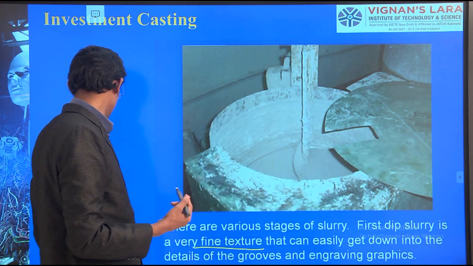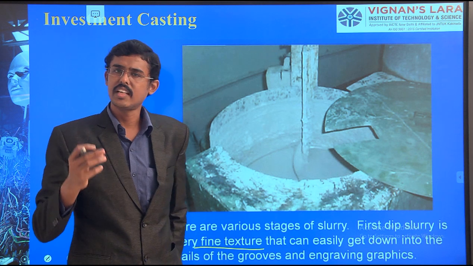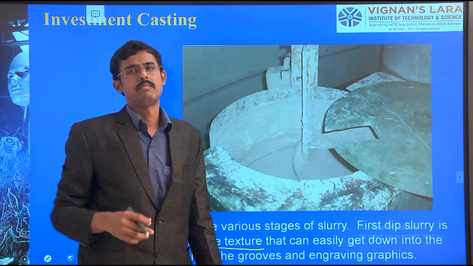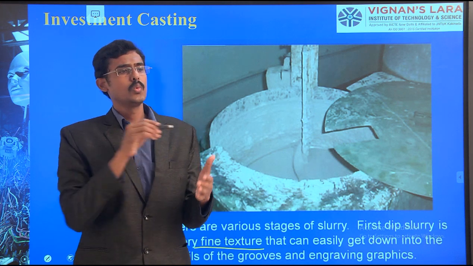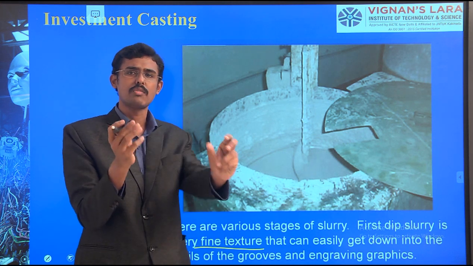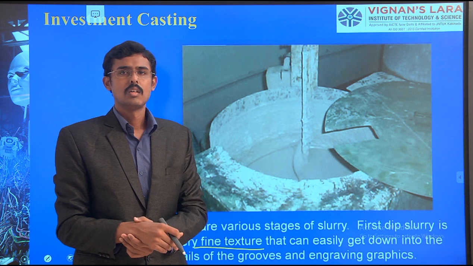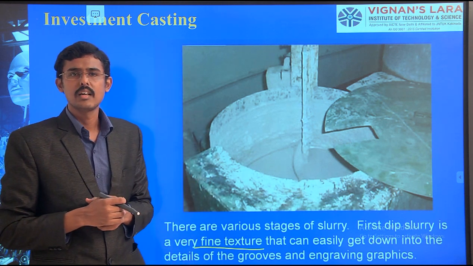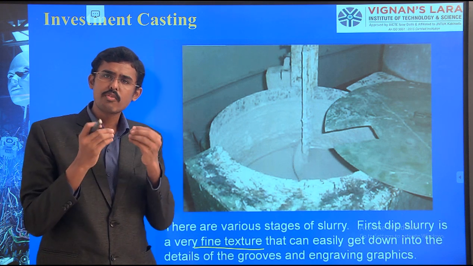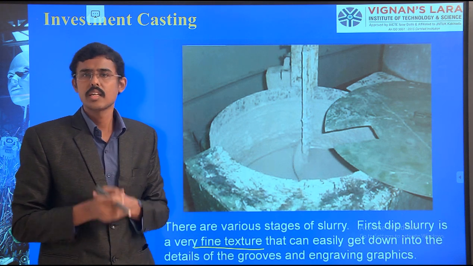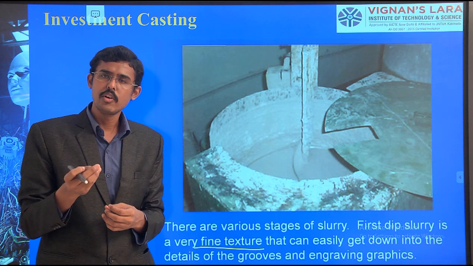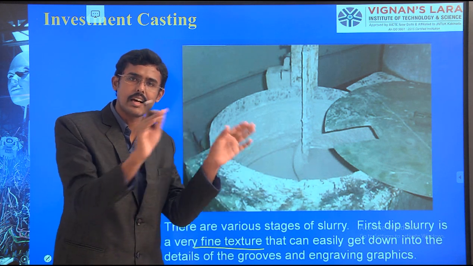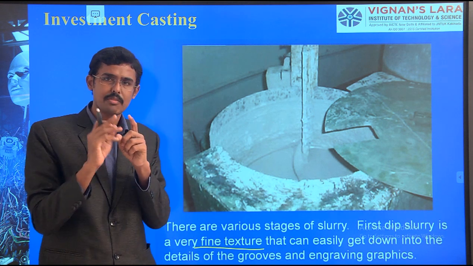If it is semi-solid, fluidity won't be there. If the fluidity is not there, it won't reach all the nooks and corners of the complex design. So I am planning to make a slurry with good fluidity, in such a way that it will flow everywhere, reach all the corners and all the complex designs. That is the first step, the first layer.